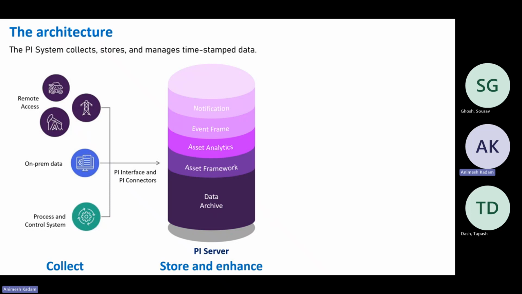So one Pi tag refers to one parameter, and each Pi tag stores the timestamp and the value for that particular timestamp. That will go into the data archive, and all other metadata will go inside asset framework. So you got it, where the metadata is stored?